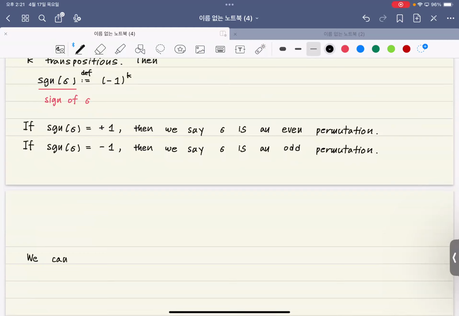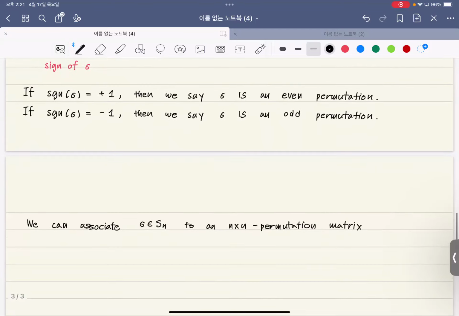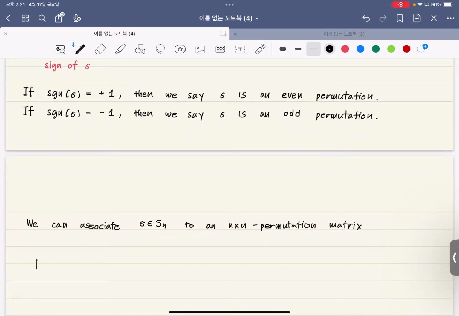We can associate any n permutation sigma to an n by n permutation matrix, which I will call P of sigma.